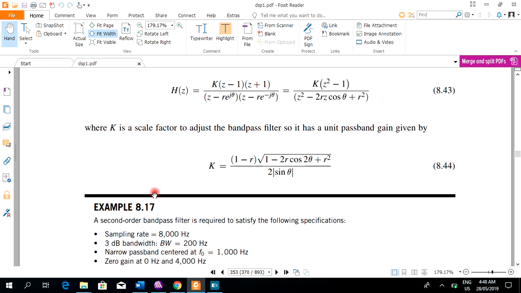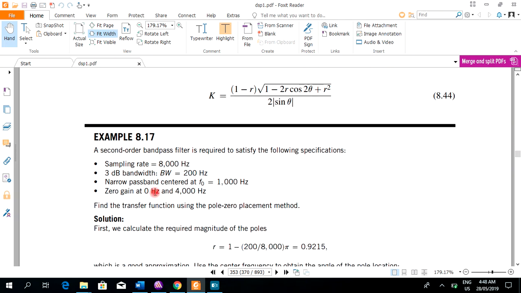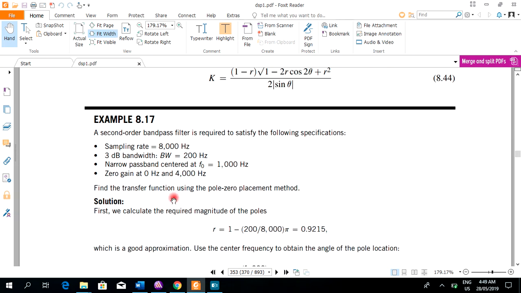Let's have an example. A second order band pass filter is required to satisfy the following specification. Sampling rate is 8 kHz, 3 dB bandwidth is 200 Hz, narrow passband center frequency 1 kHz, zero gain at 0 Hz and 4 kHz.